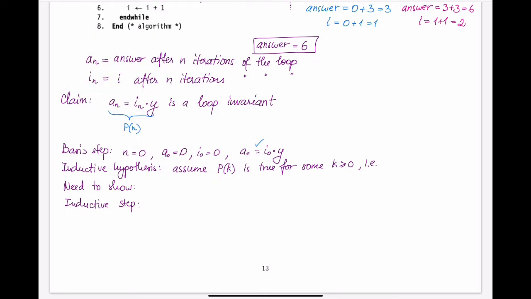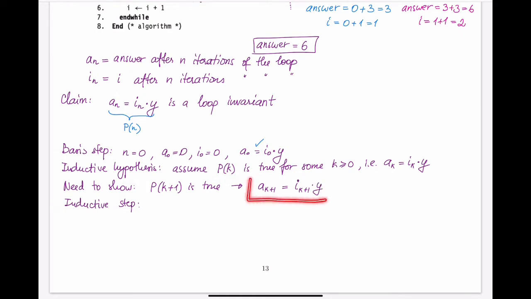So it means that a sub k is equal to i sub k times y. What we need to show is that P of k plus 1 is also true. And what that means is I need to show that a sub k plus 1 is equal to i sub k plus 1 times y.